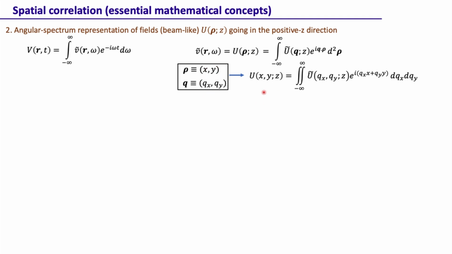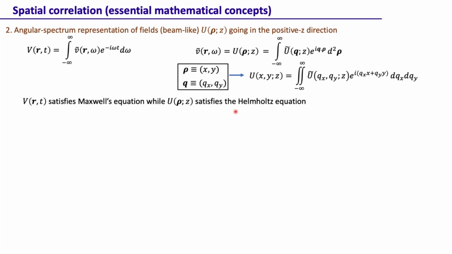If we use this Cartesian system, then this same equation we can write as u(x, y; z). I'm using the semicolon before z just to make sure that for z we are not going to the conjugate basis; just for x, y we are taking the transform and going to the conjugate basis. So then it is u(x, y; z) in terms of u tilde(qx, qy; z), where z remains, and that's the Fourier relation.